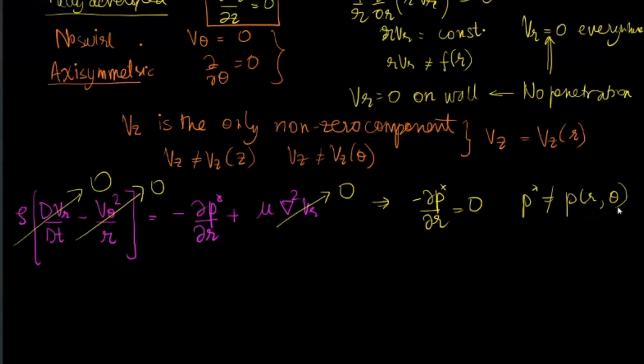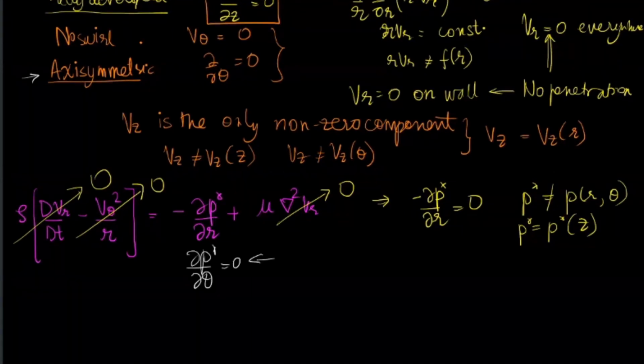And these considerations imply that p star is a function of z only. The theta momentum equation is quite trivial. It will simply imply ∂p star/∂theta equal to 0. In fact, this is 0 trivially because of the axisymmetric assumption in the problem.